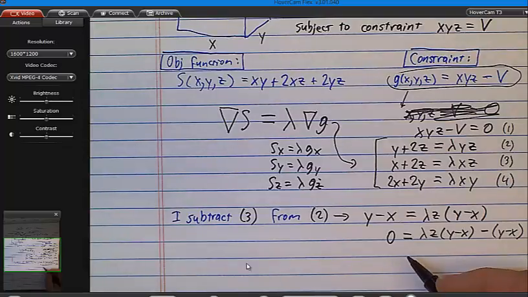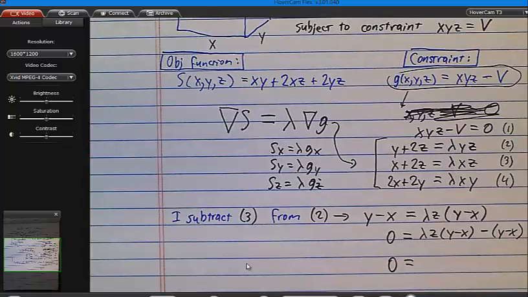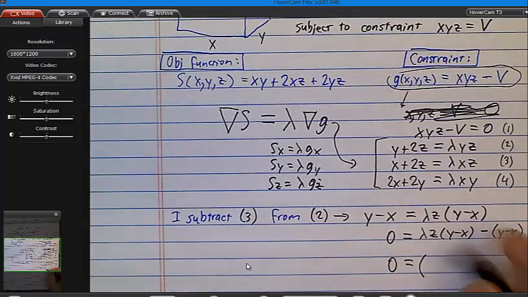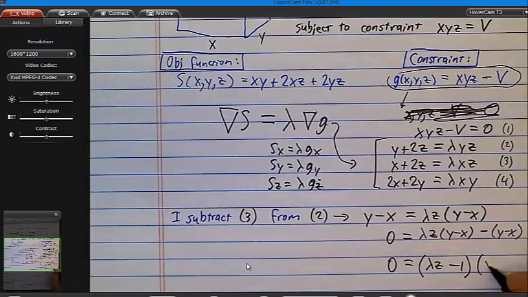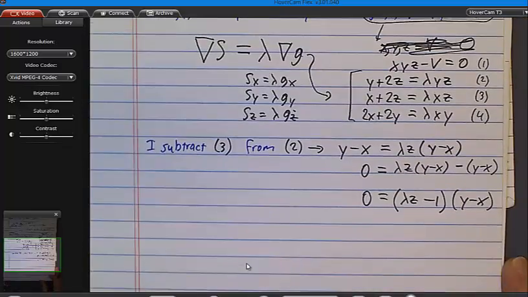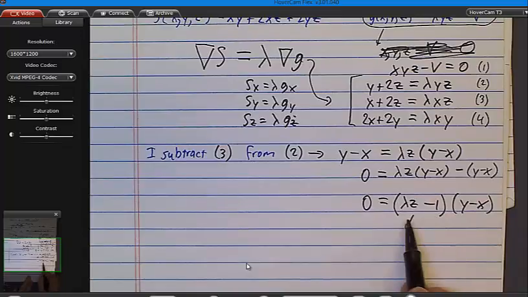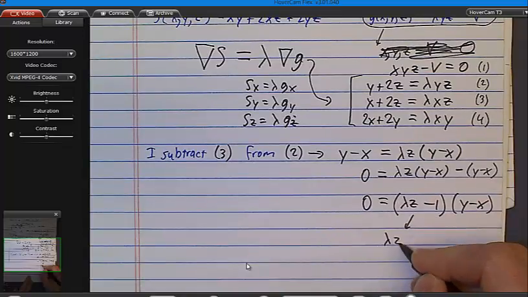What's that? Yeah, that means that lambda z is 1. Yeah, because, well, or, right? So let me go slowly. Lambda z minus 1 times y minus x. So you're right. I mean, one possibility, if this factor equals 0, lambda times z must equal 1 then.